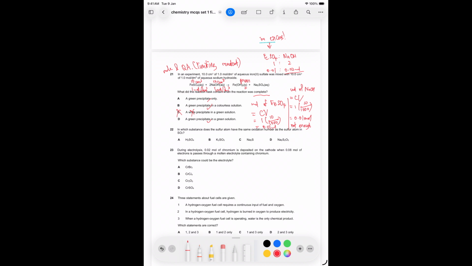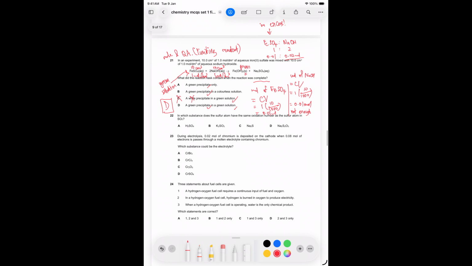So at the end you still have a lot of iron 2 sulfate, which is a green solution. So the final answer, green solution. The only answer that makes sense will be D. So you see some green precipitate in a green solution, green solution because of the iron 2 sulfate, which is in excess.